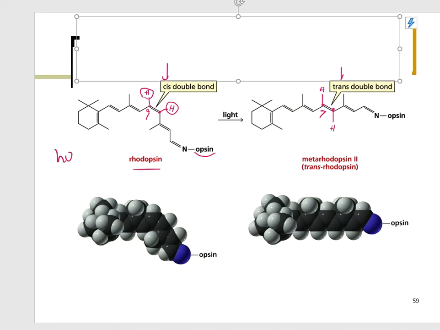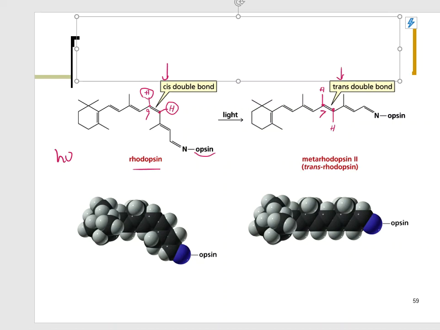Opposite sides means trans. Folks, real life organic right here. And this organic reaction happens inside of your eyeballs every day, all day, whether you knew it or not. See how important organic is to you. It makes, hopefully, sense as of right now.